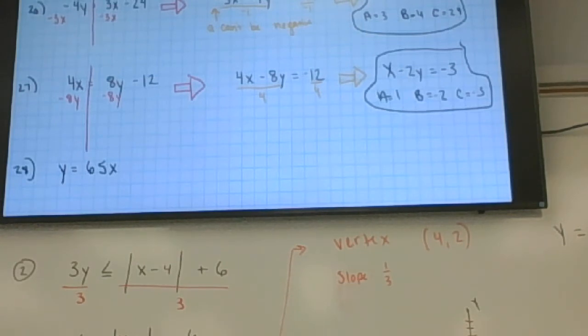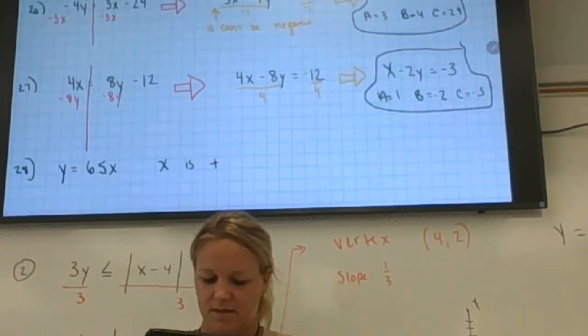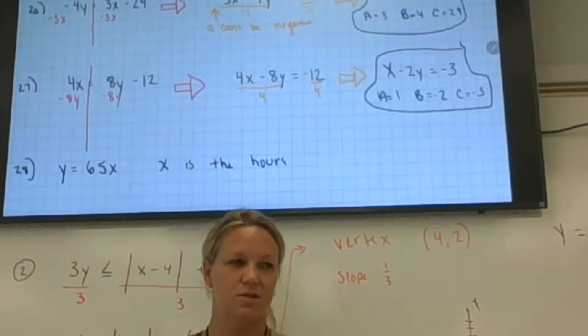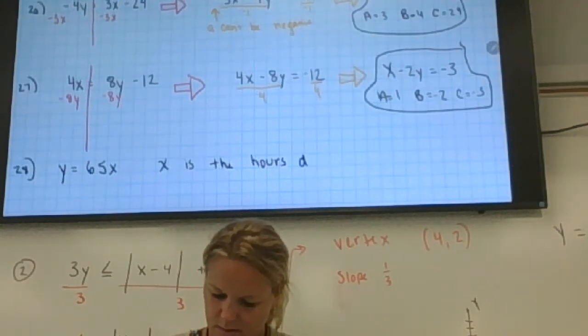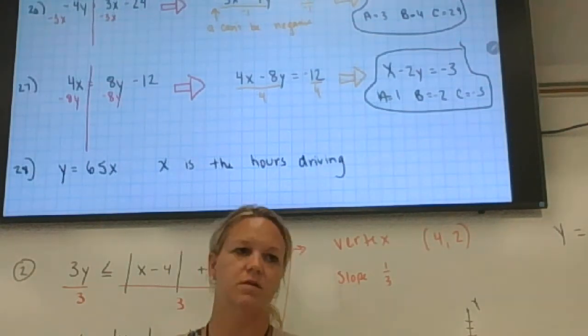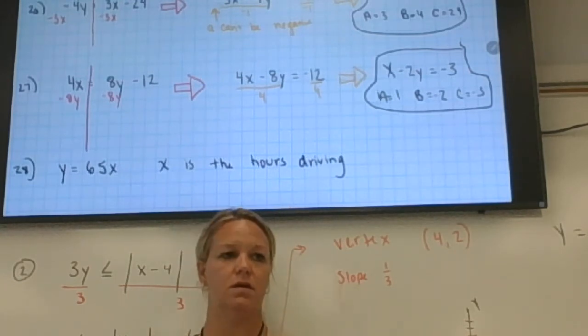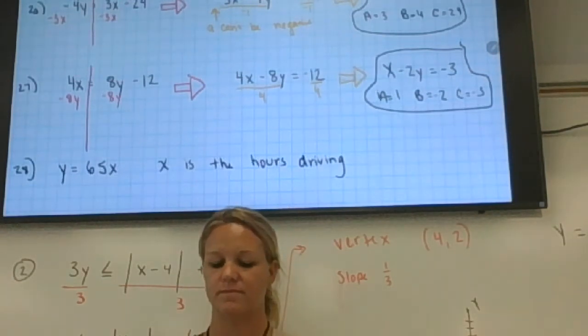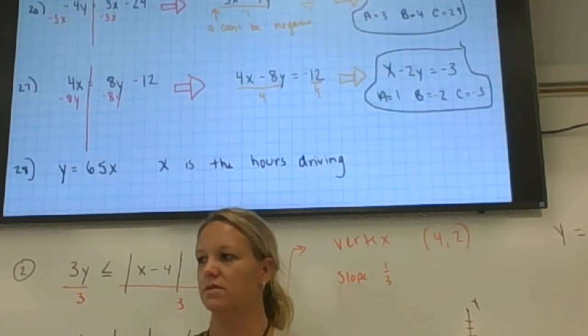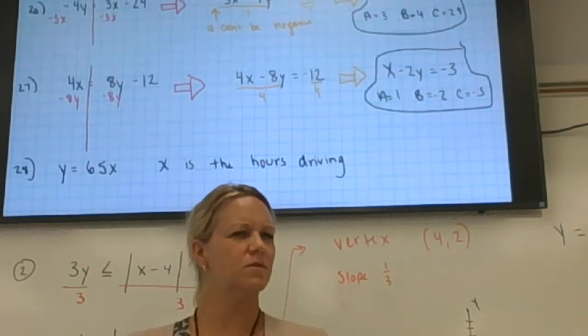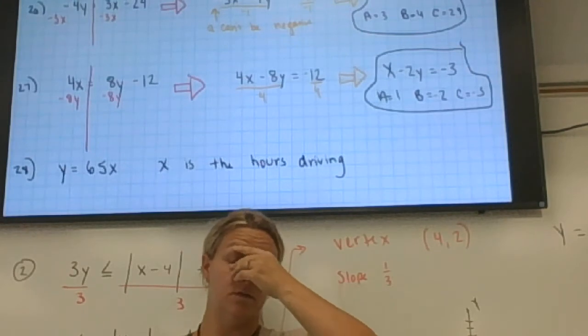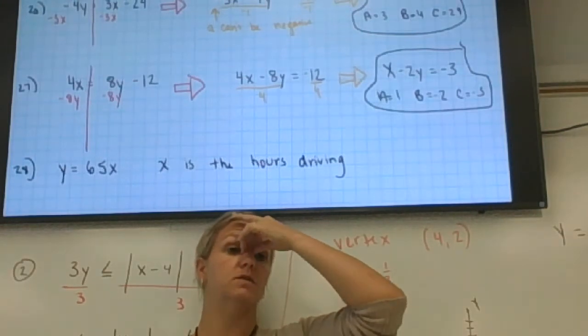You know how to do that. It says x is what? Did you read 28 again? I read it, but what does it say x is? The number of hours spent driving. And what's the question? Alright, so what do we do with 8? X represents the number of hours driving.